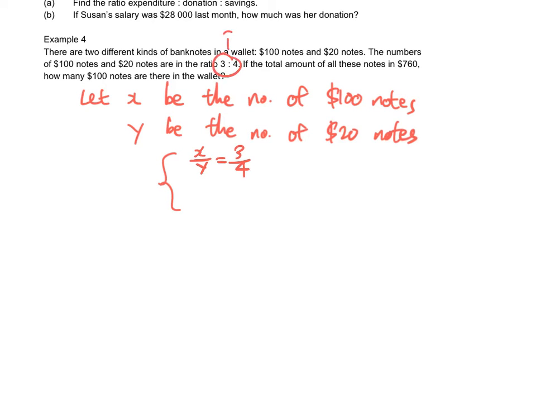So this one is the first equation, and total amount is the second equation. So 100x, that means the total amount of 100 NOKs, plus the total amount of 20 NOKs, 20y, equals 760.